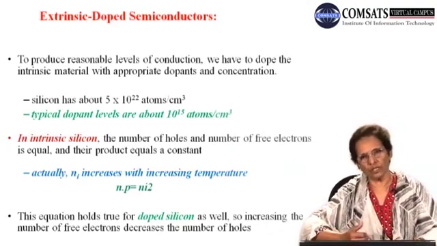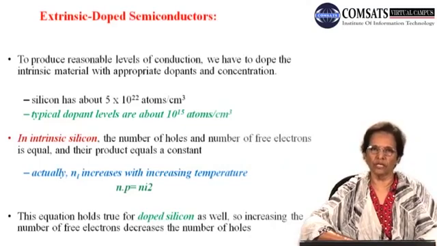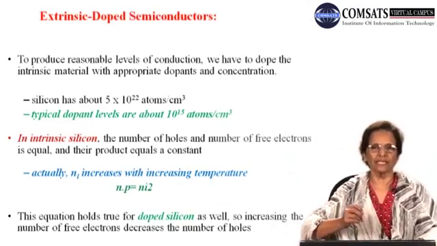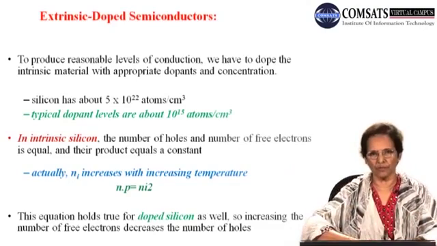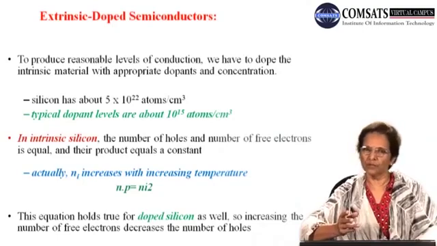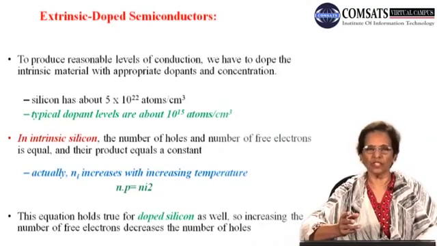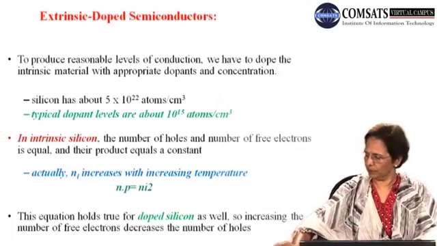I already discussed in my previous lecture that even though we define Ni, the intrinsic carrier concentration, to be a constant, the validity of this constant is only at a given temperature for a given semiconductor material. If you change the material, even at the same temperature, this Ni value changes.